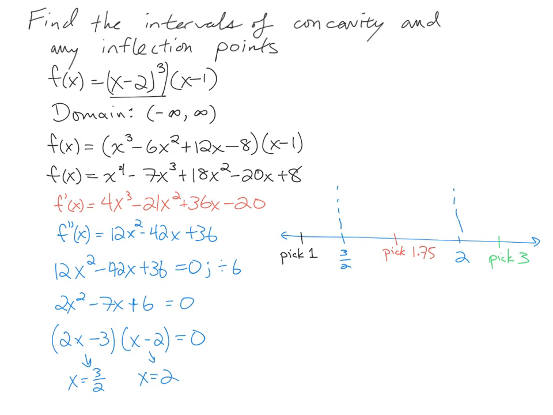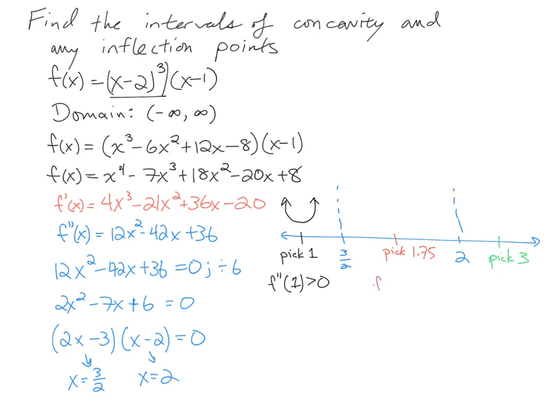So we are evaluating the second derivative at all of these values. And if you substitute 1 into the second derivative here, you will notice that the second derivative when x equals 1 is positive, and I represent concave up like this.